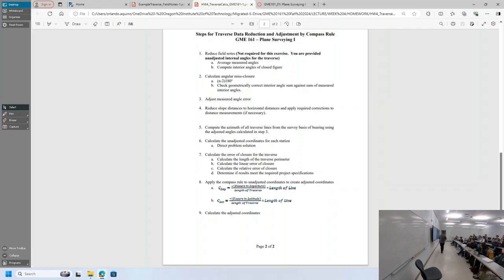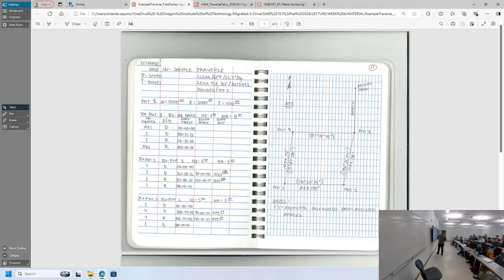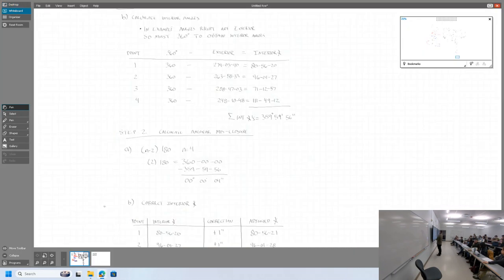Basically, what you're seeing on these field notes are the azimuths that they calculated. You see the notes, it says azimuth calculated from adjusted angles. So we're going to calculate our azimuths from those adjusted angles and come up with these azimuths here. So let's go back to where we were on Friday.